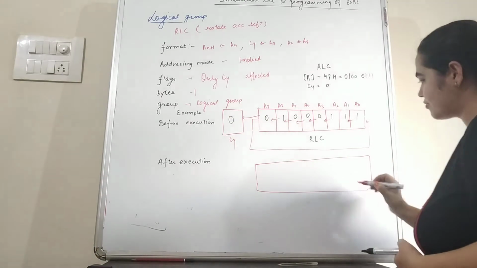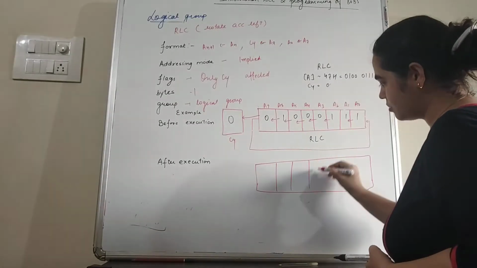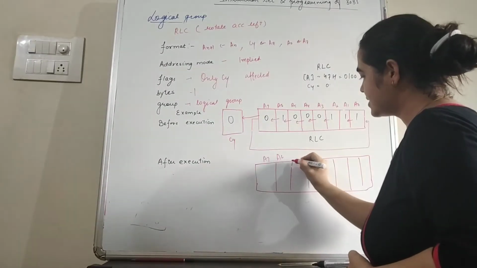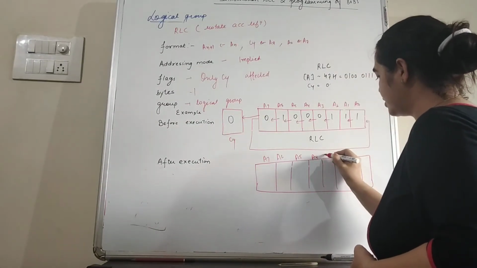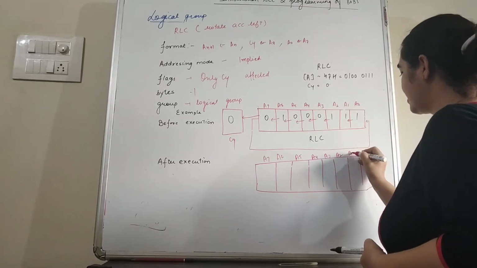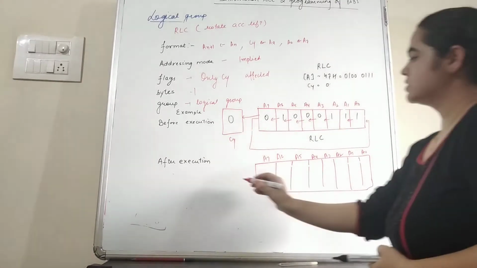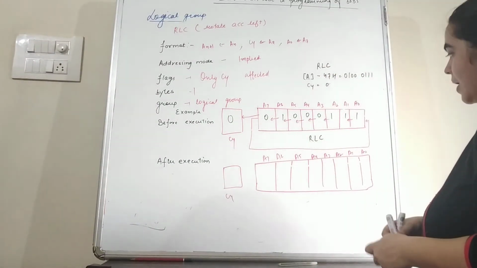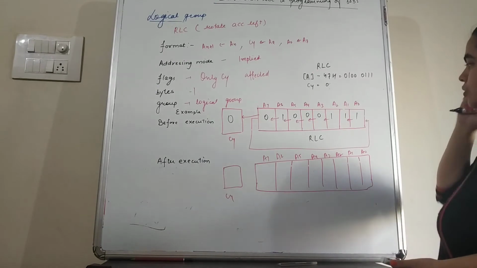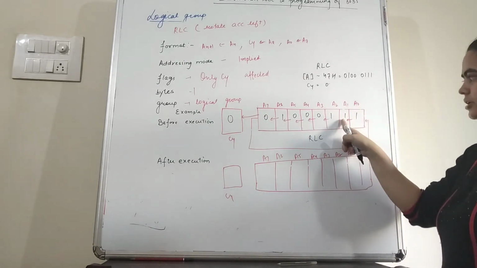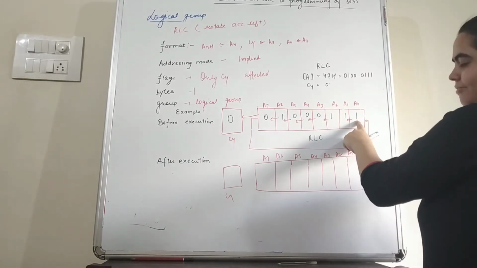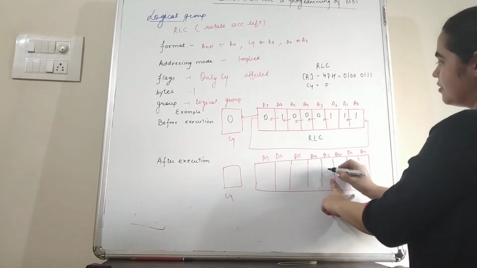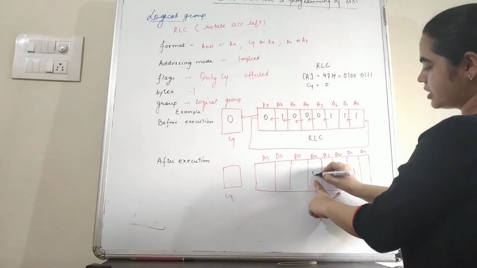For that we have to make one more accumulator. So this is A7, this is A6, A5, A4, A3, A2, A1 and A0, and this is the carry flag. Now you can see students, after applying RLC, the contents of A0 will be shifted here. In A0 we have 1, so that is shifted here, and this one will shift here, this one will shift here, and this 0 will shift into A4.